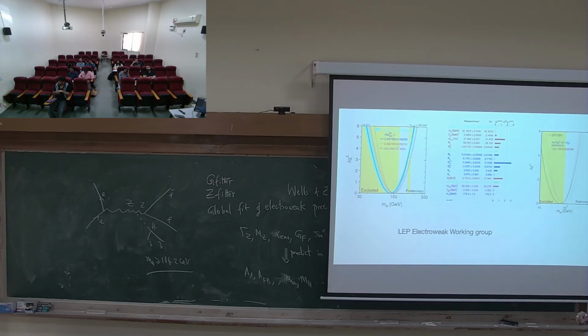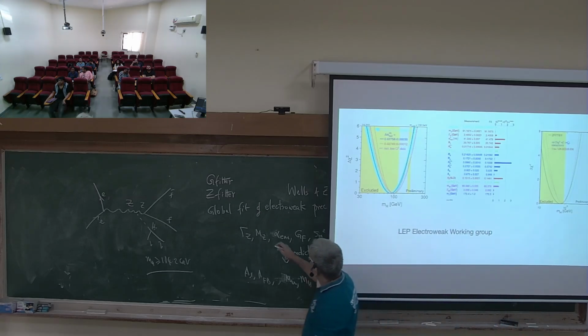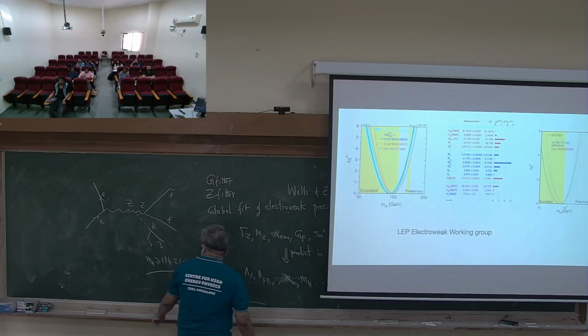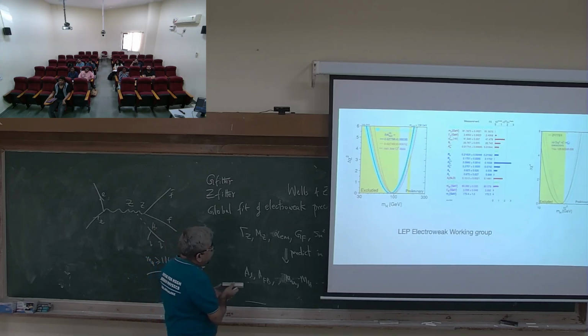5 parameters are used as inputs for this, and then you predict everything, and then you get the theory prediction minus the experimental observation. That's a bar, and you do a chi-square. So chi-square is defined as so: you have some 10 observables.